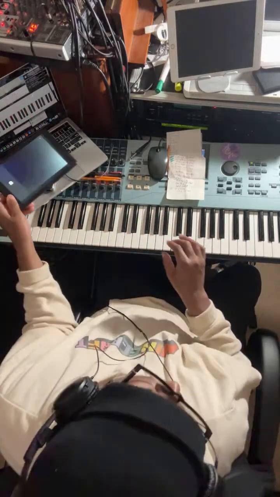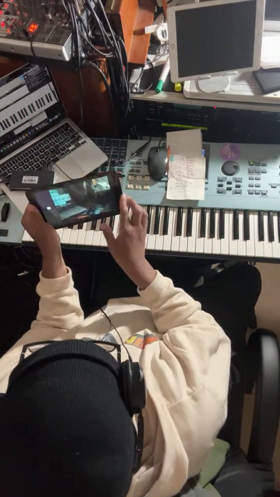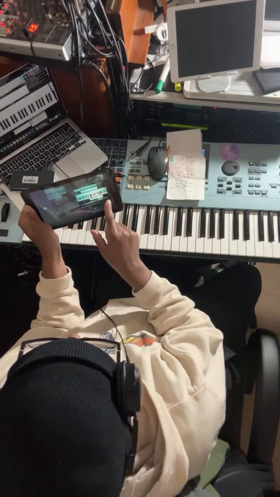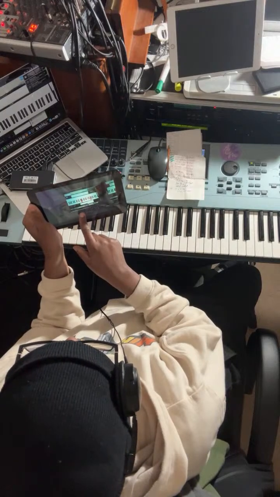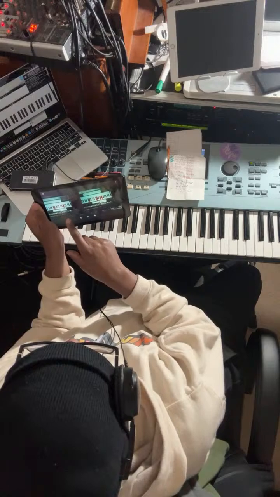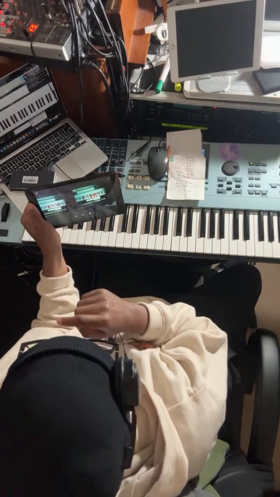Okay, let me look. D flat diminished major 7. Let me see. I feel like I already did it. I've already been to the water. All right, so that's D flat. All right, this D major 7 flat. Okay. Yeah, I feel like I did that. Okay, hold on. How's that possible?